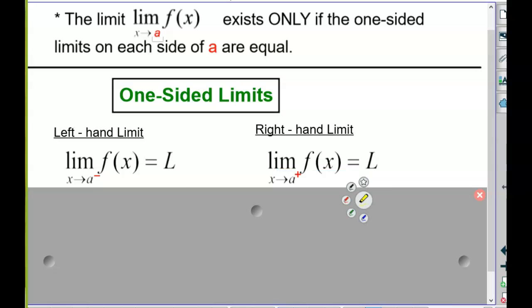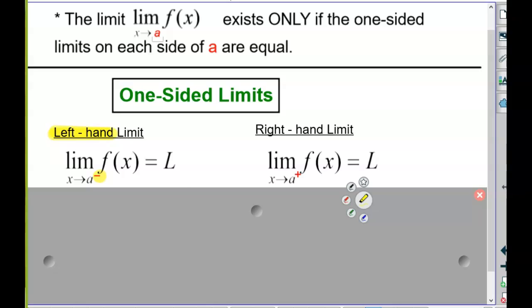So the one thing you have to be very careful with is notation. When you look at this, the two-handed limit is just as x approaches a. There's nothing in the subscript up there, but here we now have a negative. That tells me to approach the function from the left-hand side of whatever a is.